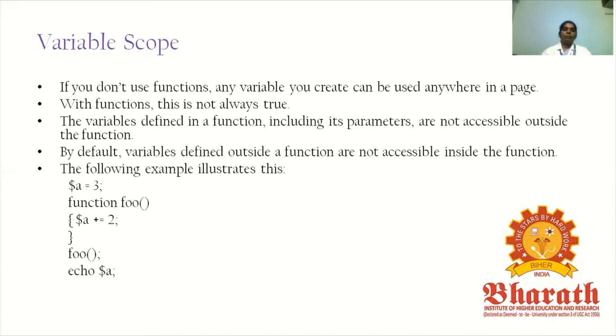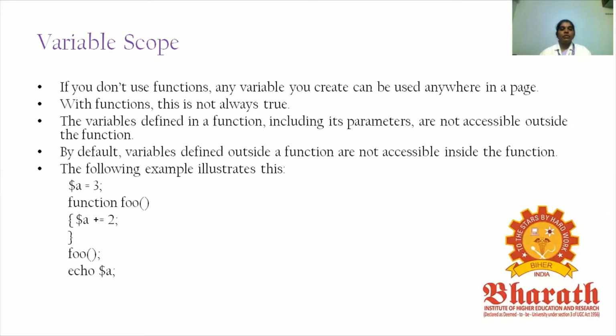In this example, $A is a variable which is declared outside of the function. The value of variable A is 3. The function name foo is just an example; it's user defined, and you can give any name for the function.